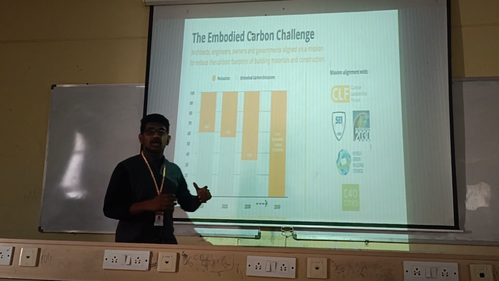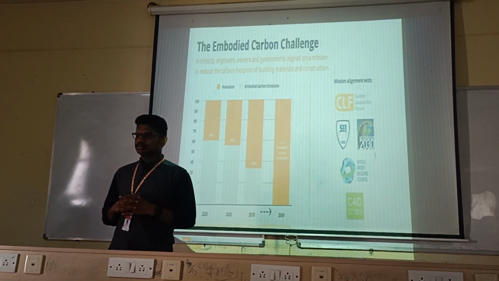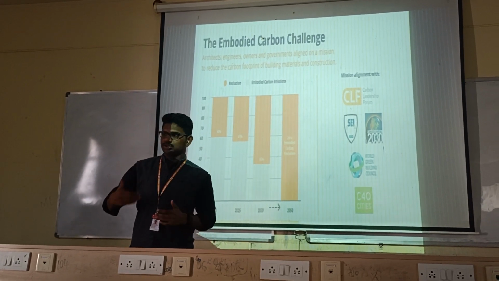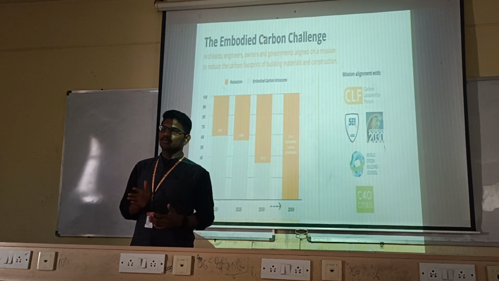What is embodied carbon? The carbon dioxide emission that takes place during the entire process of construction is called embodied carbon.